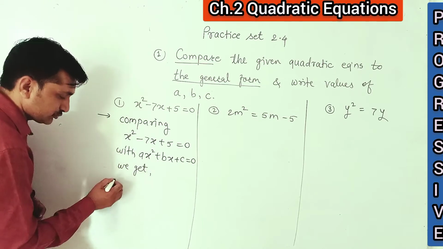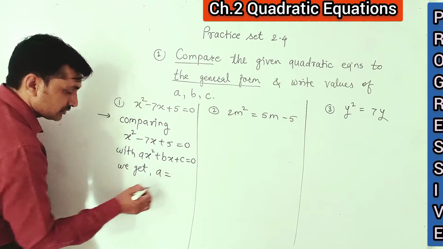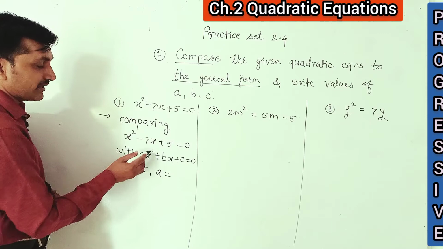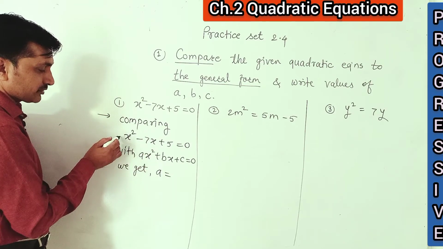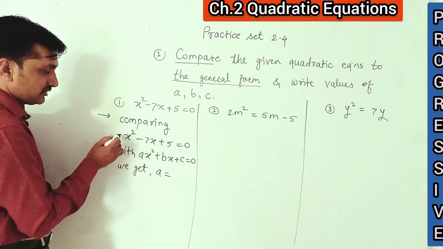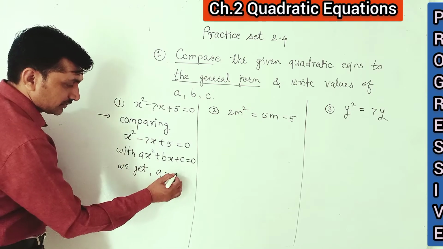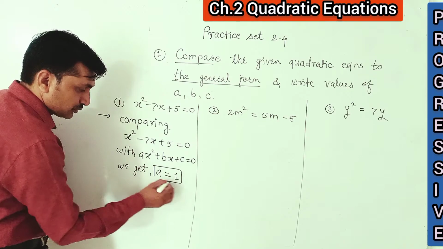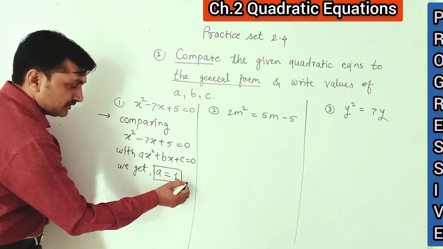We get three values. What is A? A means the coefficient of x square in the given equation. In this equation, the coefficient of x square is 1, and this is the value of A. Here we get a is equal to 1.